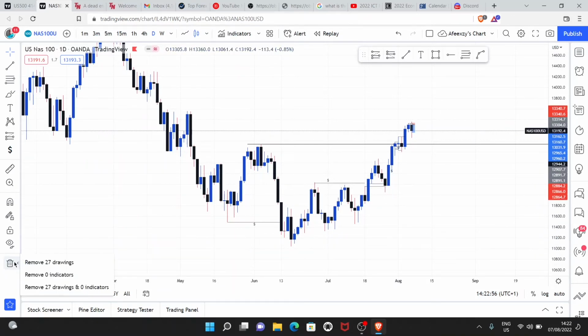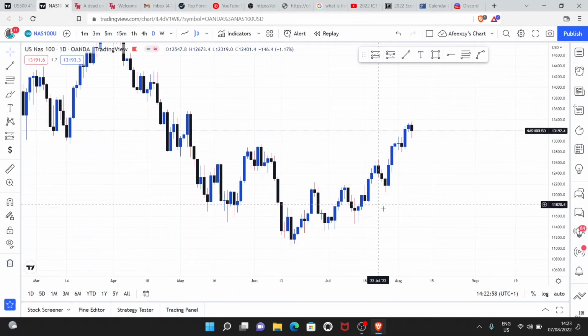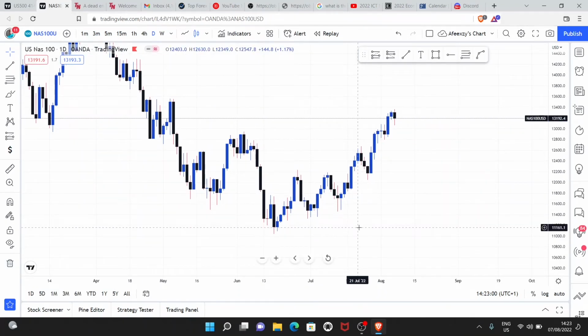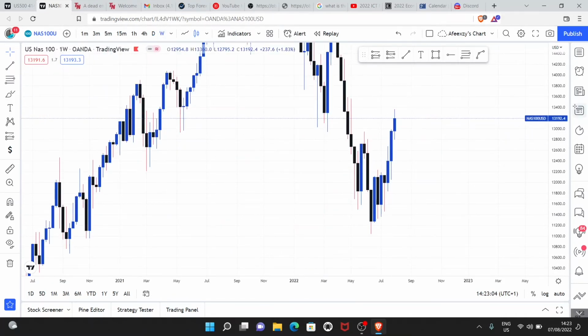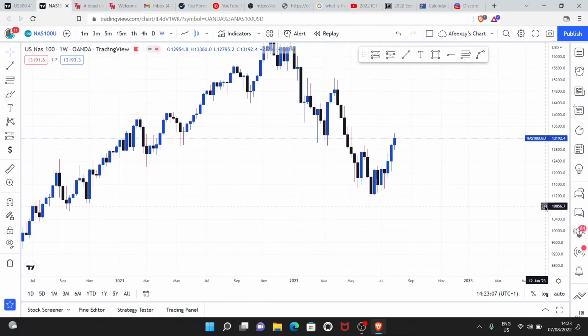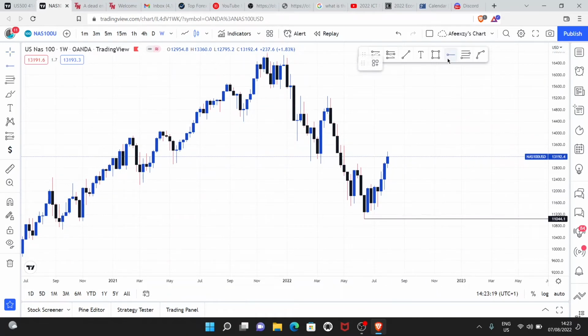On our NAS100, from our weekly time frame perspective, all I see is a bullish NAS100 right now. But on our weekly, I'll be watching this zone here. And here, it has already cleared the zone though.